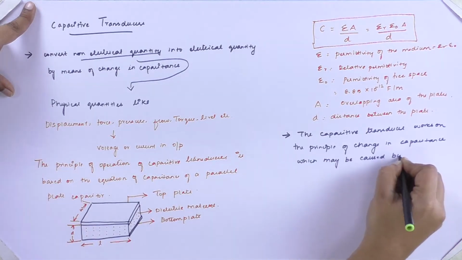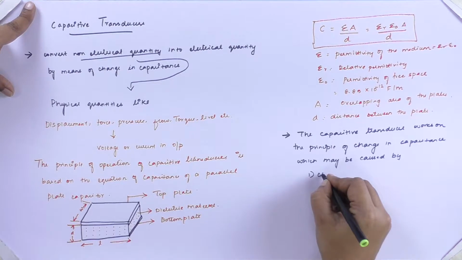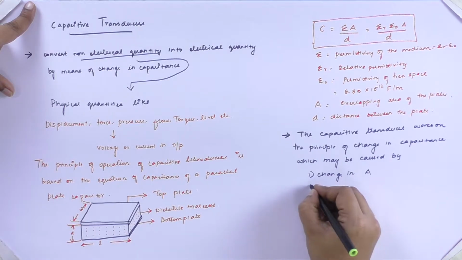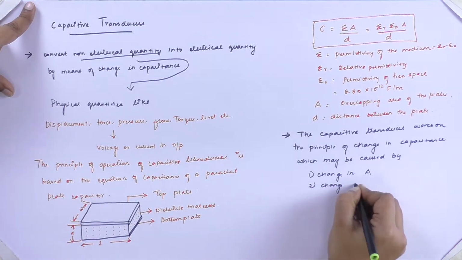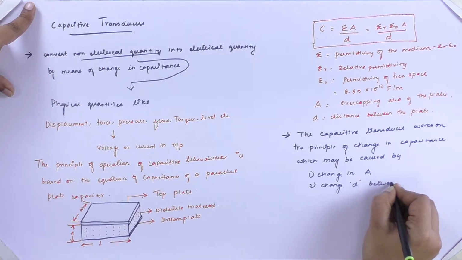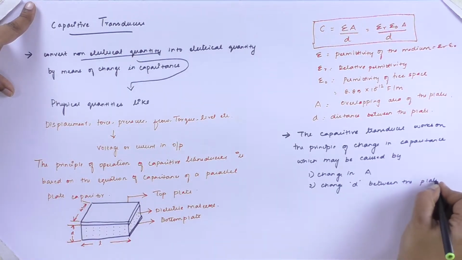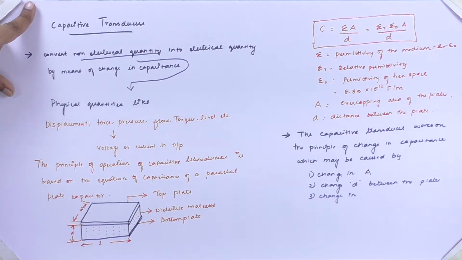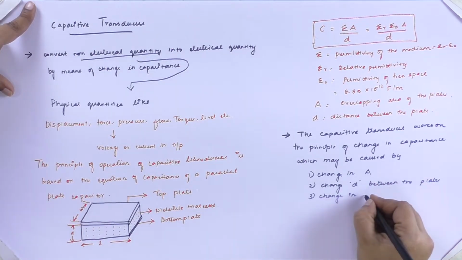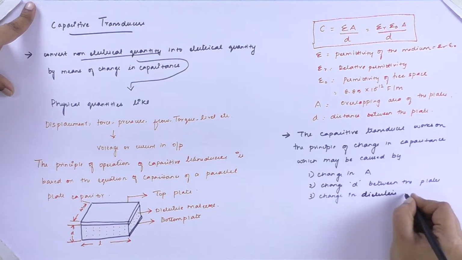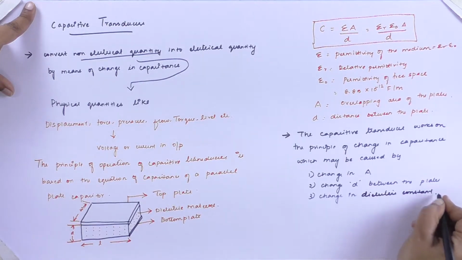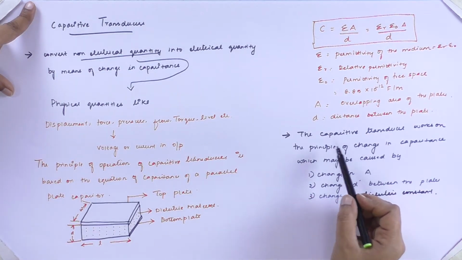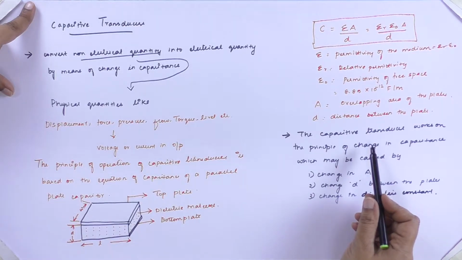We can change the capacitance by changing the overlapping area A of the plates, second, by changing the distance d between the plates, and third, by changing the dielectric constant between the two plates. So by varying the area, the distance and the dielectric constant, we can change the value of the capacitor in case of capacitive transducers.